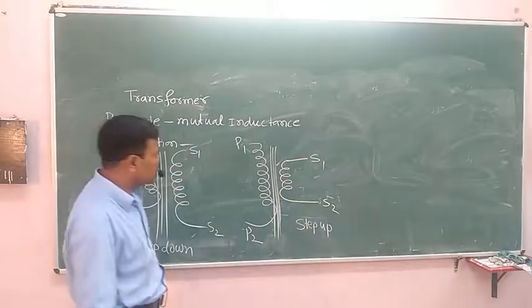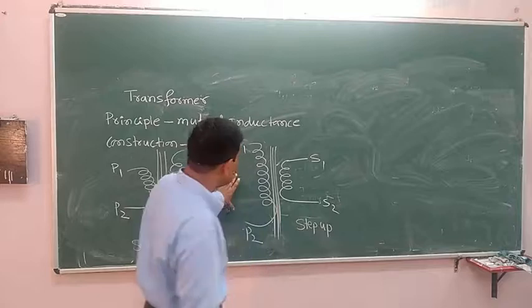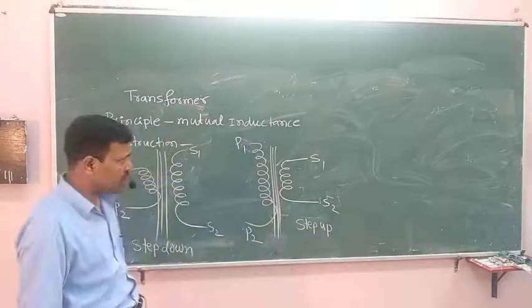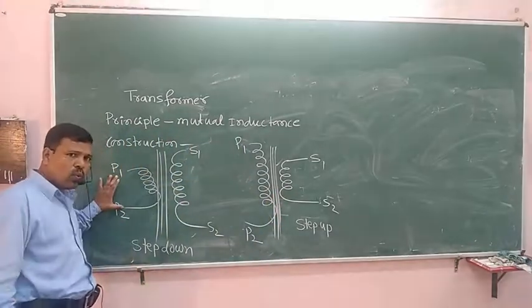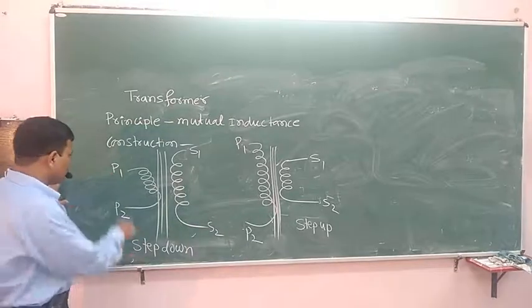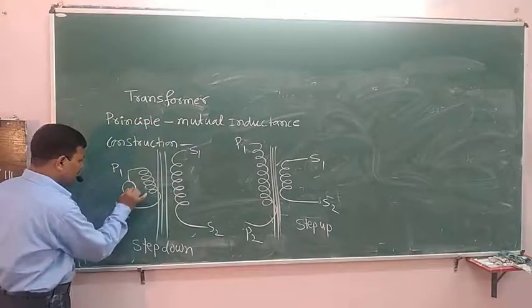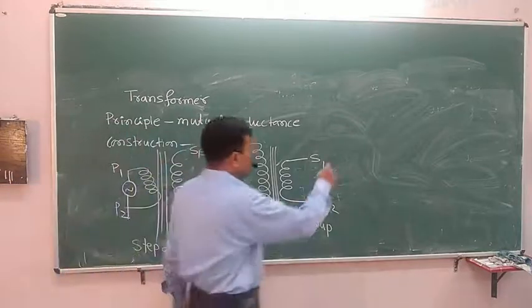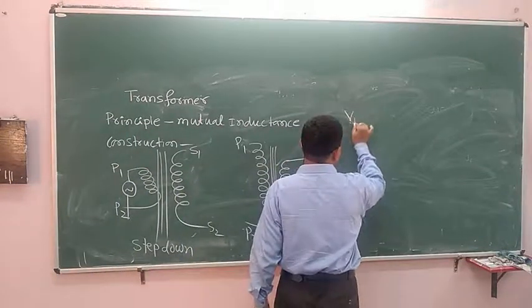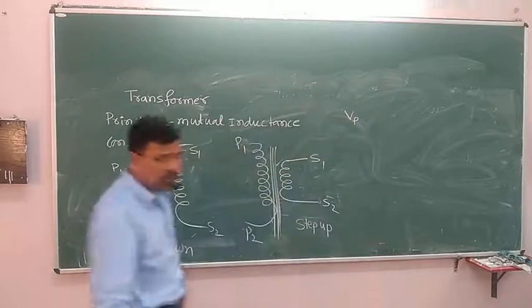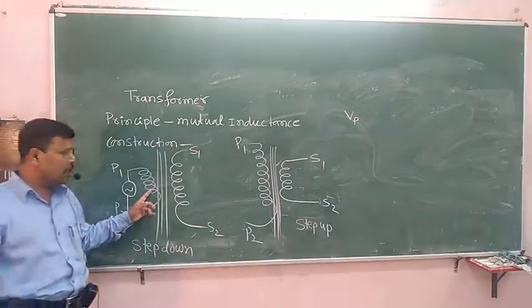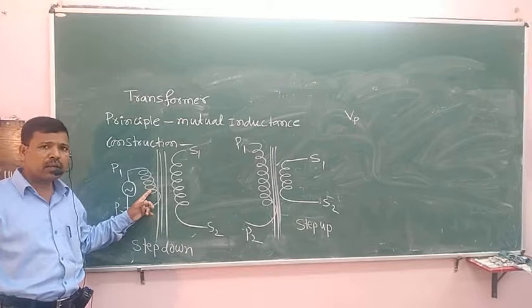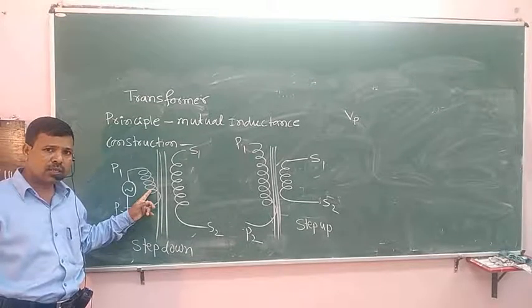Here is a primary coil and there is a secondary coil. Alternating voltage is applied across the primary coil. There is an induced EMF in the primary coil due to self-inductance.